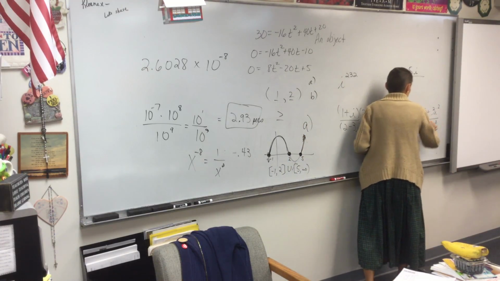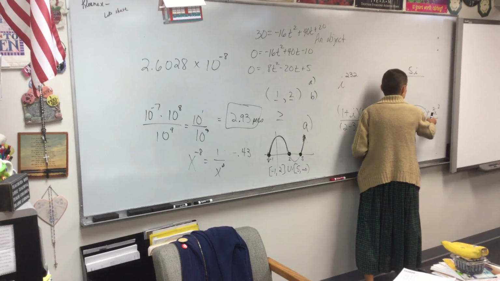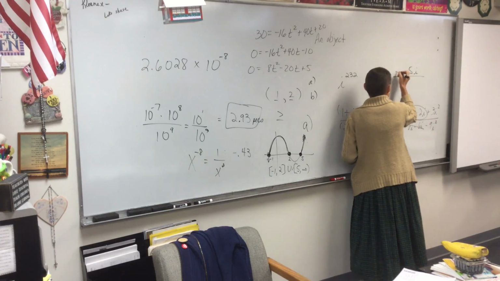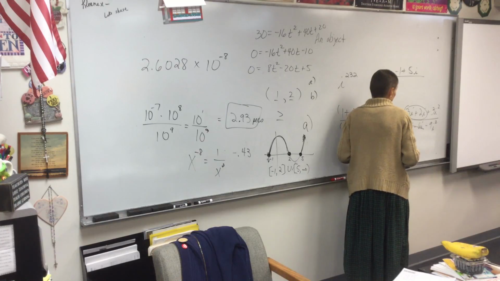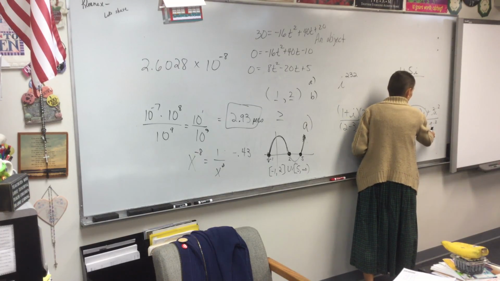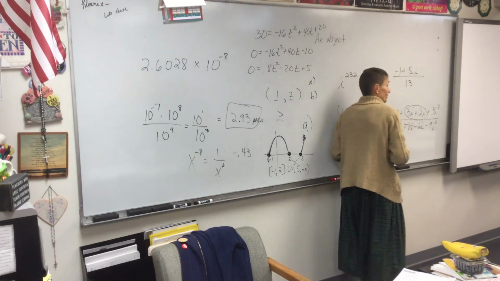Now what about these I squares? -1. So that's really a -3 combined with the 2 makes -1. And that's -1 also, so this is really a +9 plus 4 gives me 13.